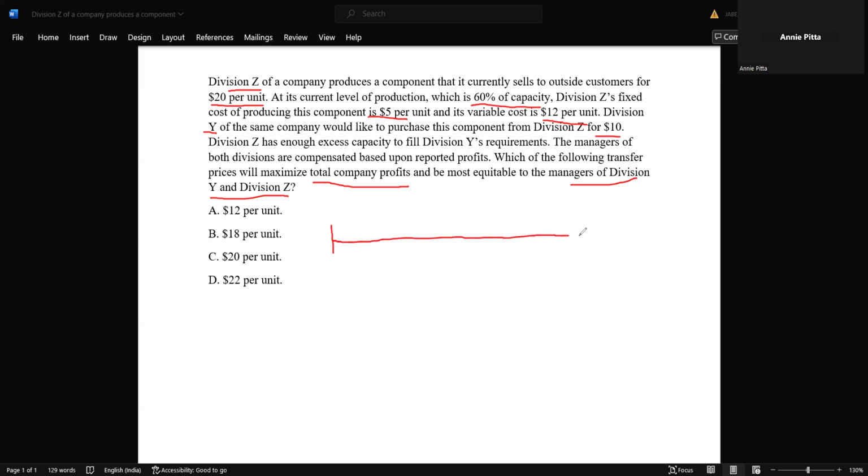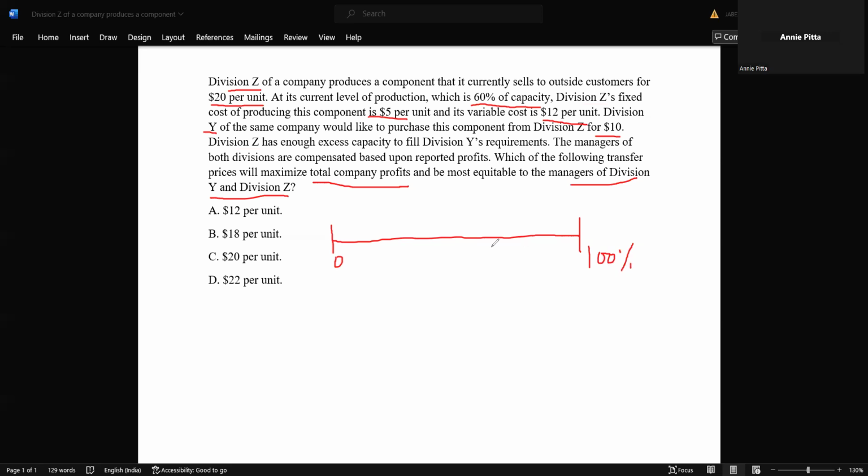If we take this as the capacity, on a scale of 0 to 100%, we see that Division Z is not utilizing all 100% of capacity, but as of now they are operating at 60% capacity.